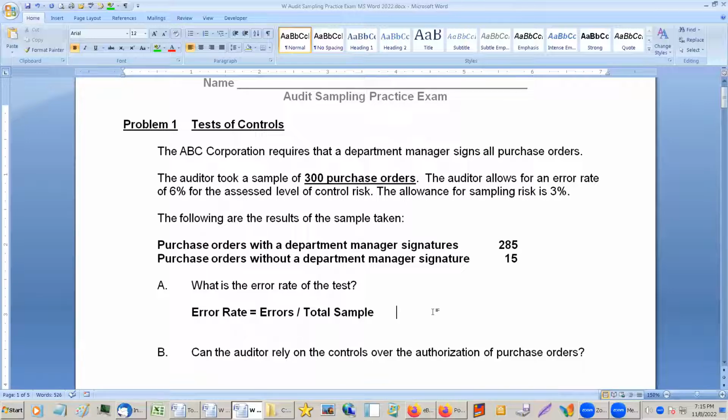Yep, 0.05. I just did something wrong here. Yes, that is. If I ever learn how to use my computer, I'll show you. Okay. Yeah, so the error rate is going to be 15 over 300, just like you said, 0.05 or 5%.